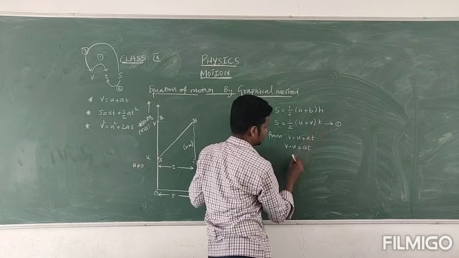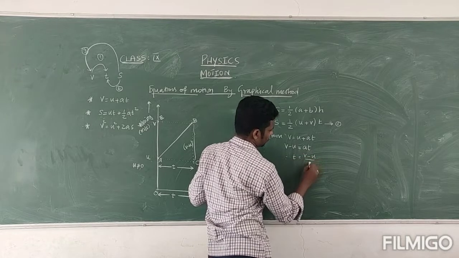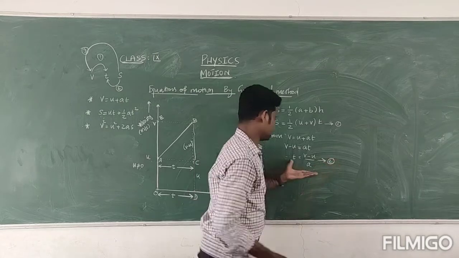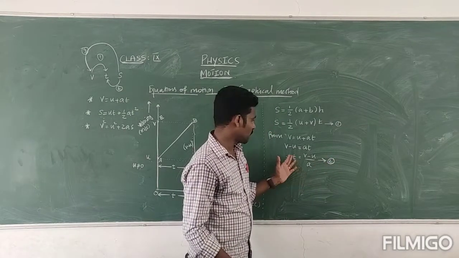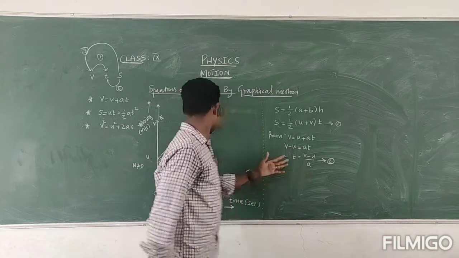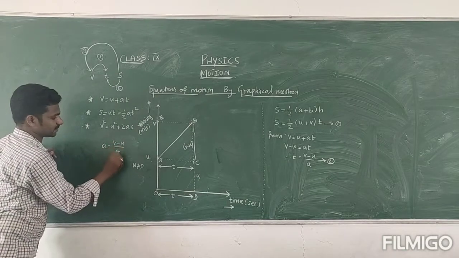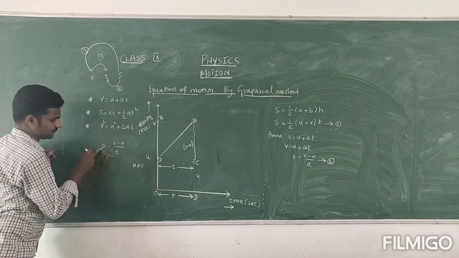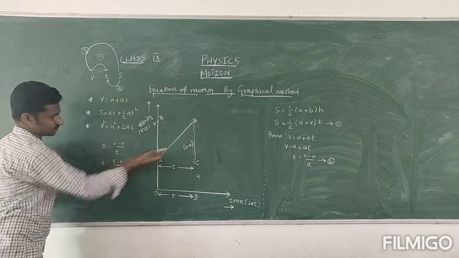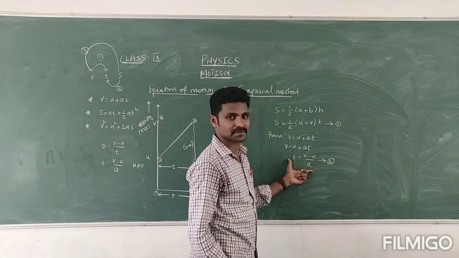Therefore t is equal to (v minus u) divided by a. So this is taken as equation number 2. This is simple, you know acceleration equals change in velocity divided by time. So t is equal to (v minus u) divided by a.